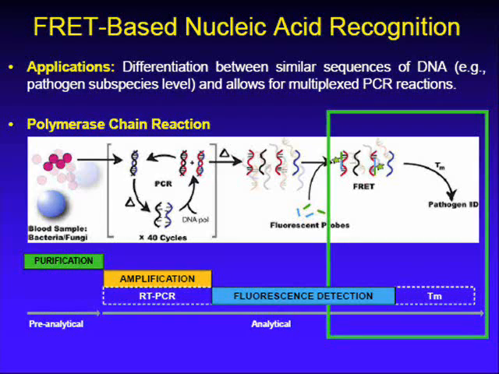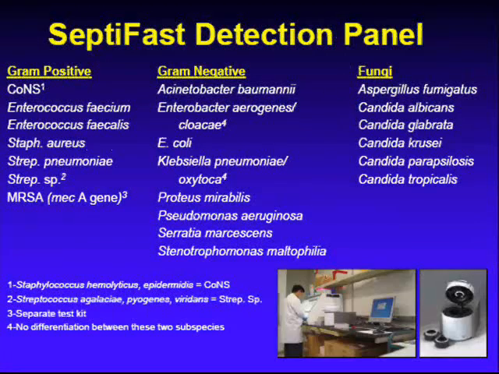Now moving on to the concept of multiplex pathogen detection. This is a device from Roche Diagnostics called the Septifast. It looks at 25 different organisms encompassing gram-positive bacteria, gram-negative bacteria, as well as fungal pathogens.